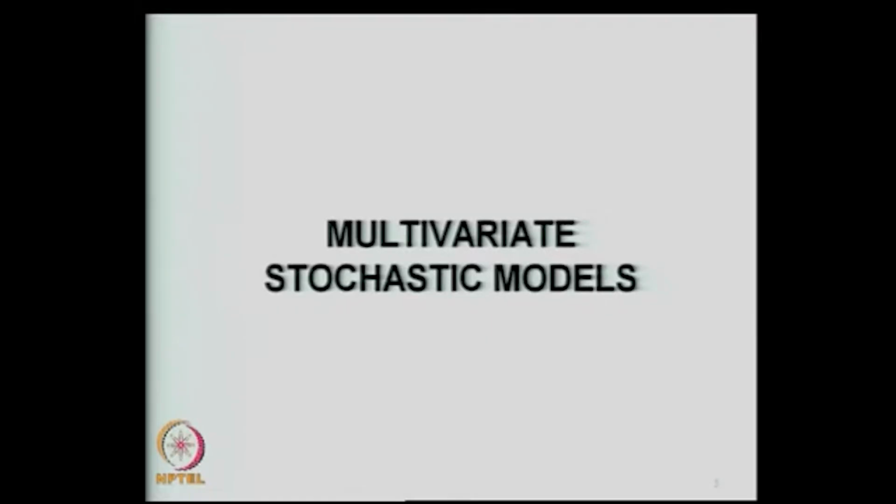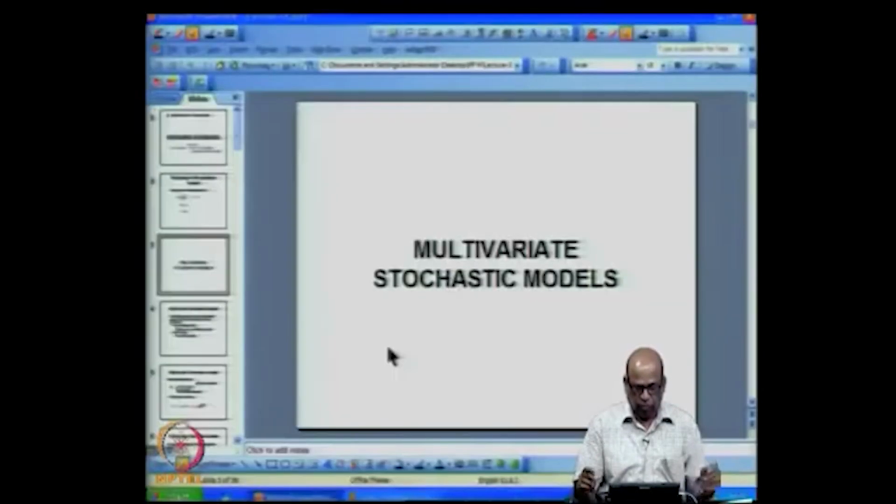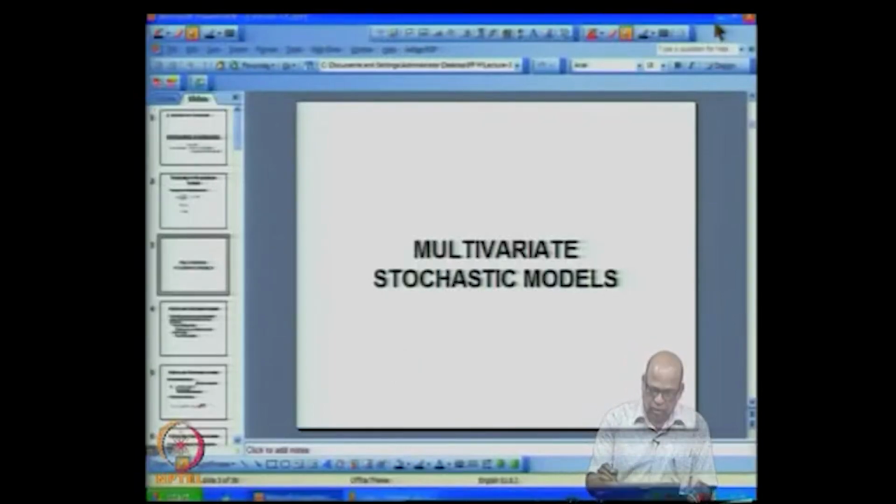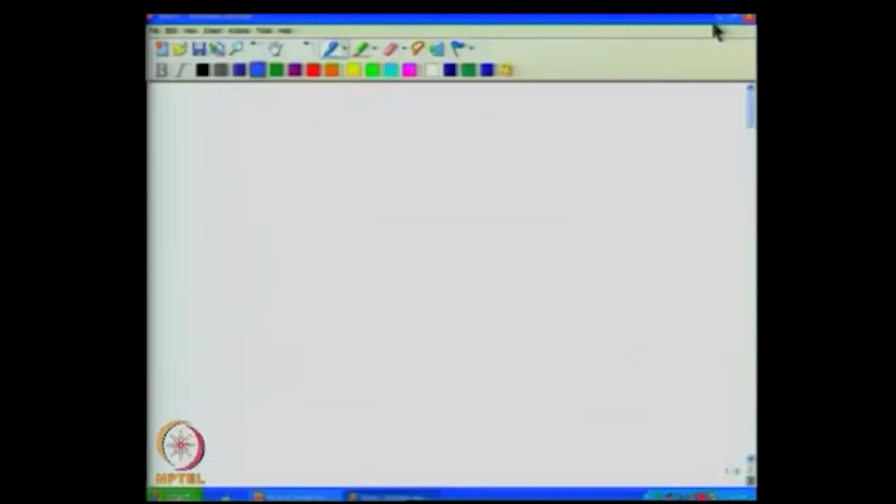And that is what leads us to multivariate stochastic models. So, in today's lecture, we will essentially focus on development of multivariate stochastic models. Let us look at some situations where we encounter these problems in hydrology.